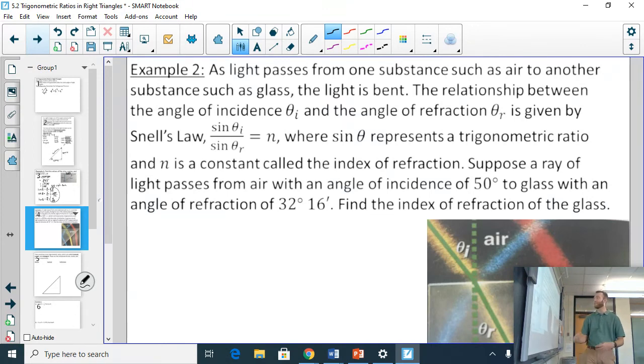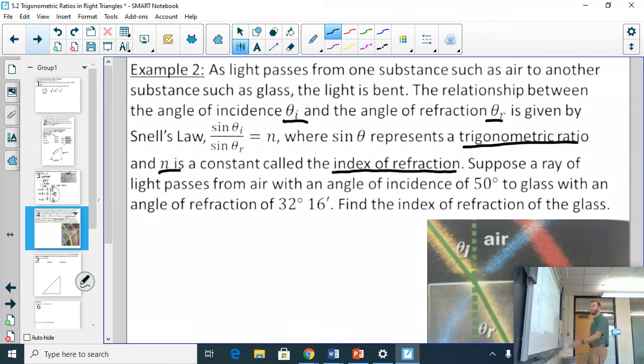The relationship between the angle of incidence, which we're going to call theta sub I (the sub I just tells you we're talking about an angle of incidence), and the angle of refraction, theta sub R, is given by Snell's law, which is the sine of theta sub I over the sine of theta sub R equals n, where sine theta represents a trig ratio, and n is a constant called the index of refraction.